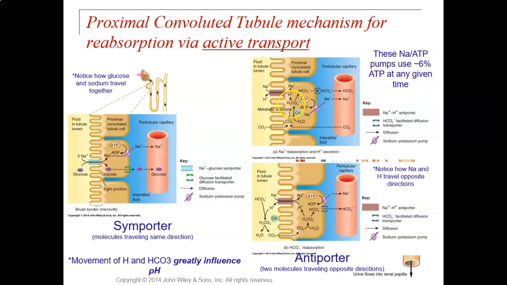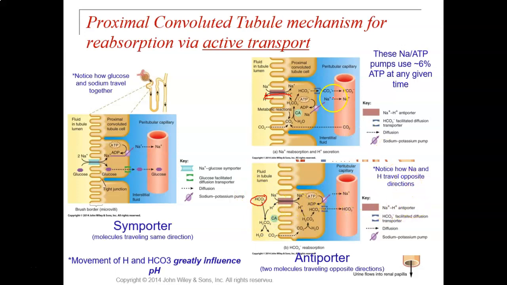Anyways, you can see, for instance, if the blood is too highly acidic, we can kick out a hydrogen. If we come down here, we look at HCO3, which is a bicarb.